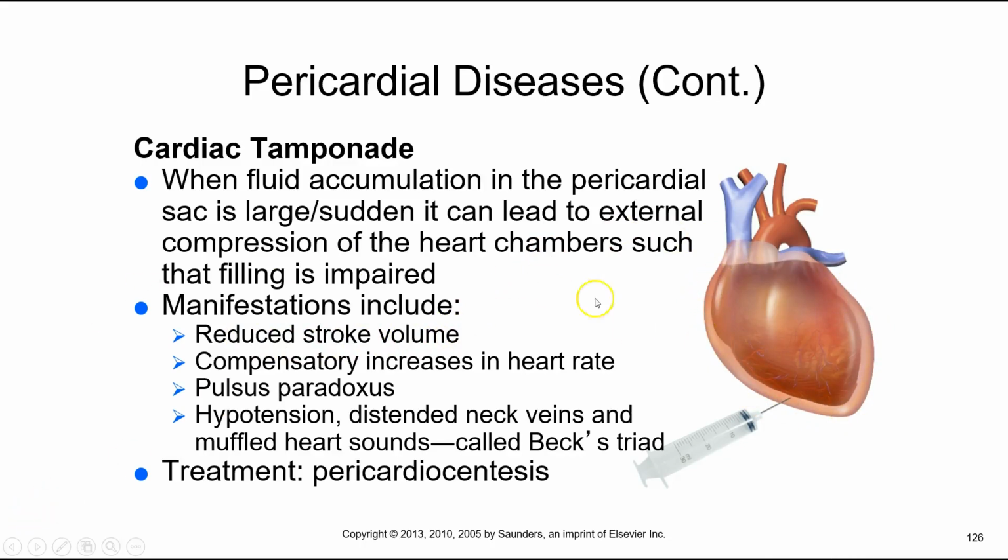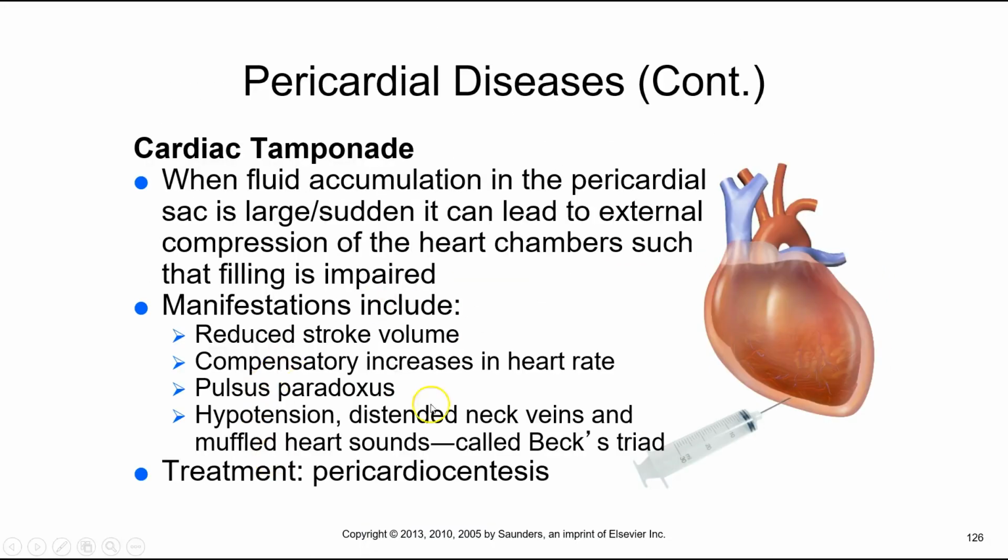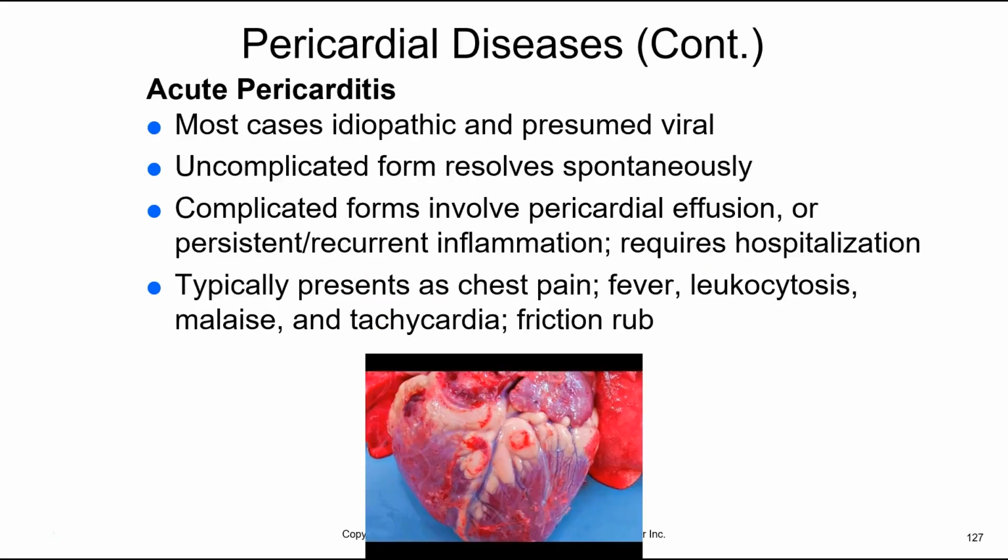The good news here is if we remove this fluid, we can restore the heart's ability to pump. Only if we remove that fluid in time. Because aside from that, you're going to have cardiogenic shock. And again, you're also going to have backup of blood on either side. This is the entire heart. So you're going to have backup in the lungs and backup of blood in the body.